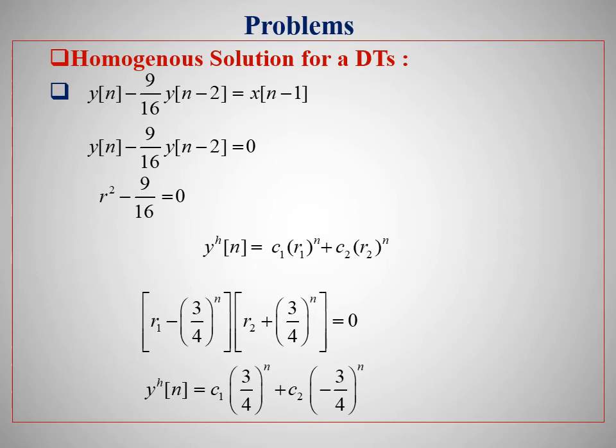Hence, this is what is obtained on simplifying: (r1 minus 3 by 4) power n into (r2 plus 3 by 4) power n is equal to 0. That is the solution of r squared minus 9 by 16 equal to 0. Thus, the solution of the homogeneous case for a discrete time system is represented as yh of n is equal to c1 3 by 4 power n plus c2 minus 3 by 4 power n.